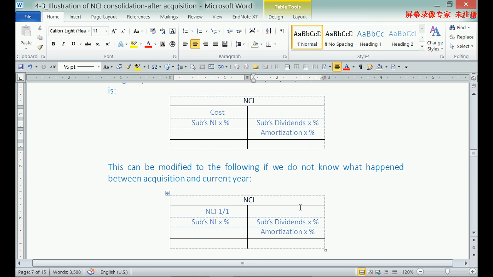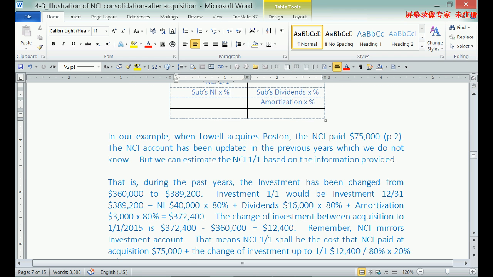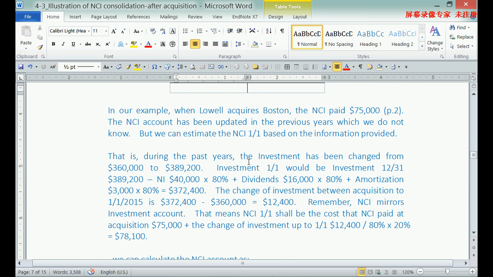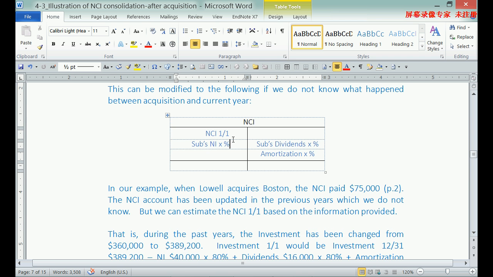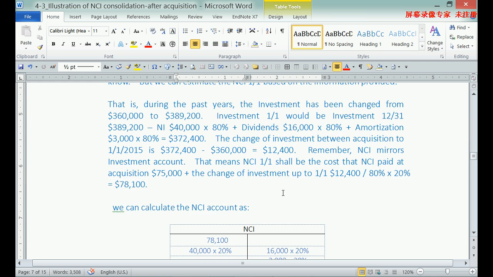After a few years it becomes NCI 1-1 plus sub's net income minus sub's dividend and amortization of that particular year. This is 2015, of course. So I show you how I derive the NCI 1-1 and then convert to find out the NCI December 31st.